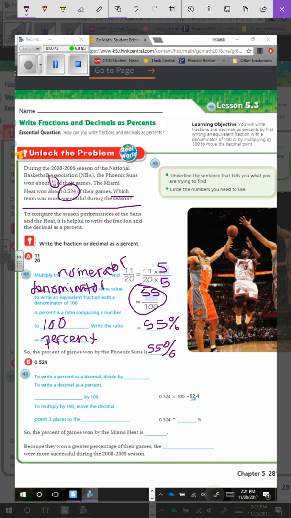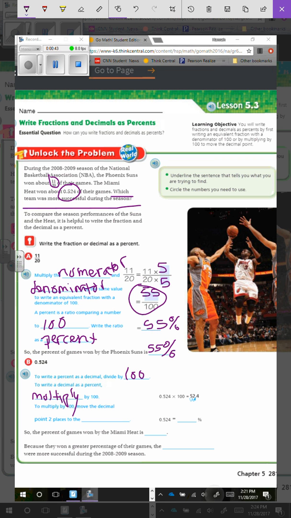Okay, so let's look at B, which is the Miami Heat. To write a percent as a decimal, we're going to divide by 100. To write a decimal as a percent, if we divide to go one way, then we would multiply the other way, by 100.